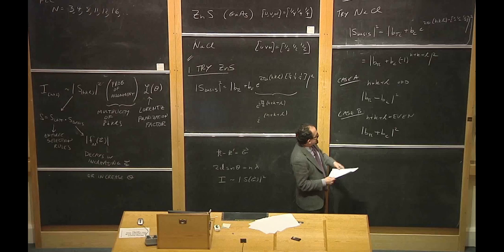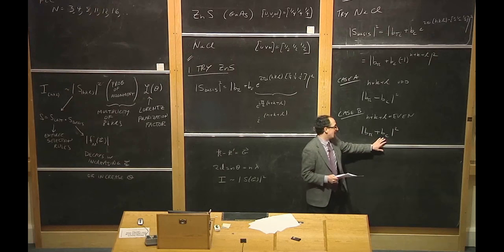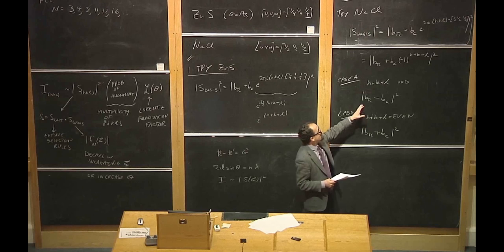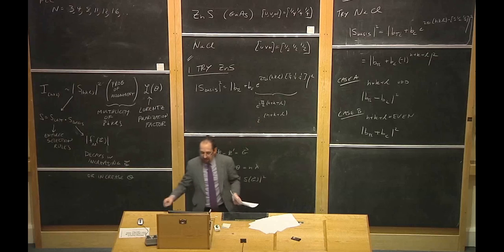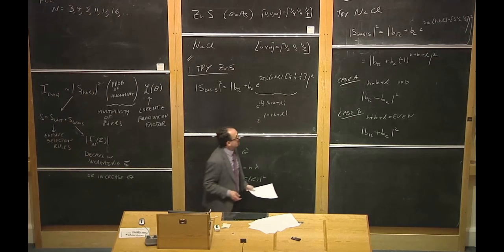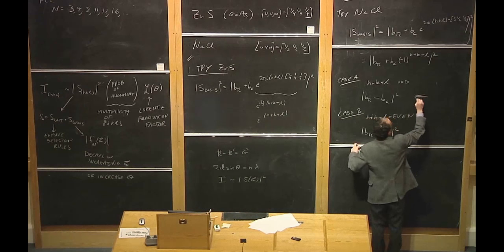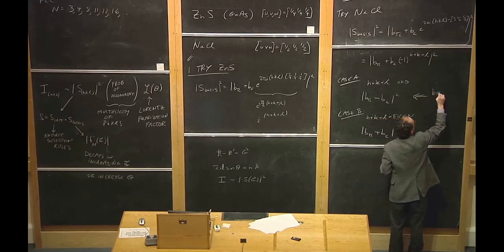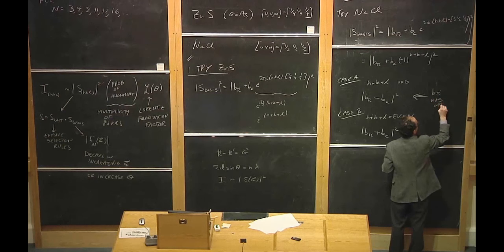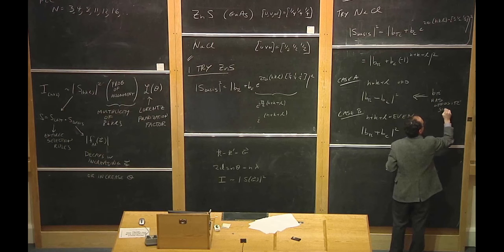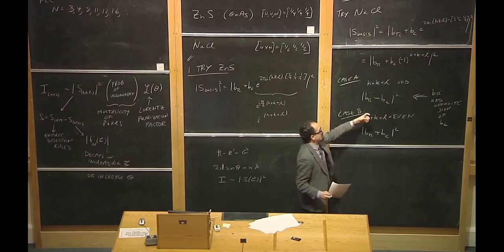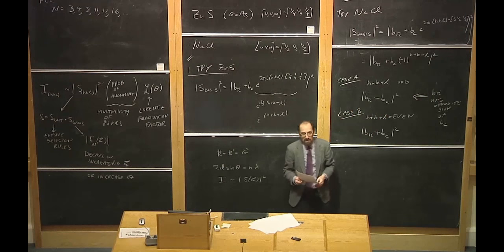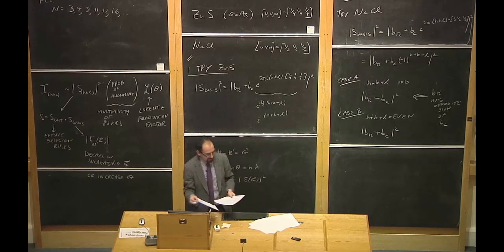Well, you can see that if B titanium and B carbon have the same sign, then the even will always be larger, whereas if they have the opposite sign, then the odd will be larger. Well, if you look at the data, the H plus K plus L odd is clearly much larger, and so that tells us it's consistent with this case, that B titanium has the opposite sign of B carbon. So the large peaks are (B titanium minus B carbon) squared, with B titanium and B carbon having opposite sign, and the small peaks are the sum of the two.